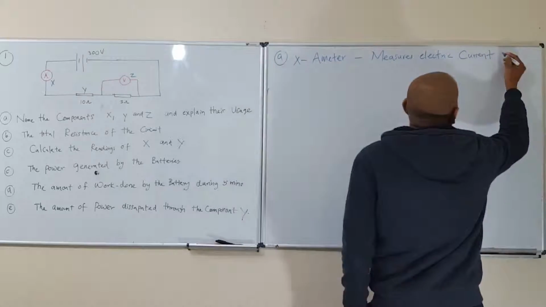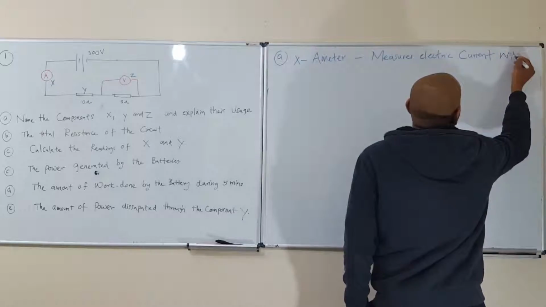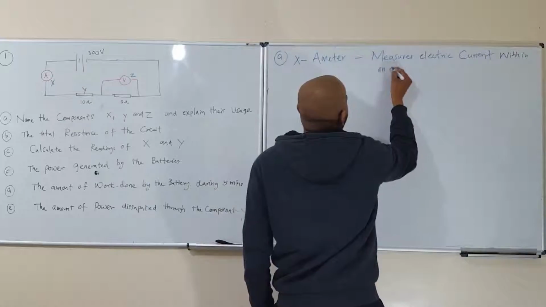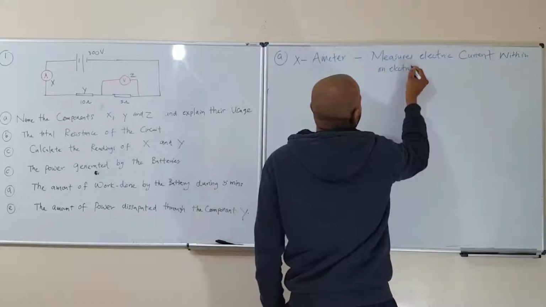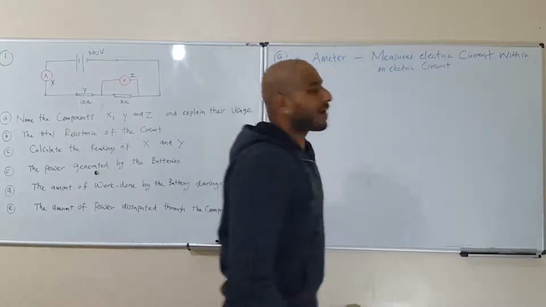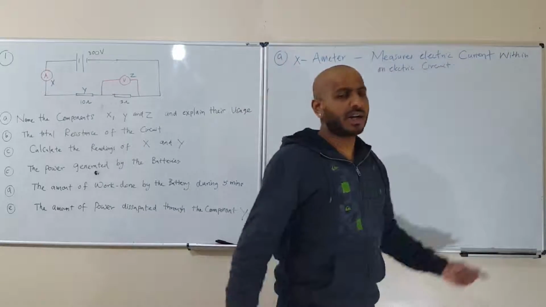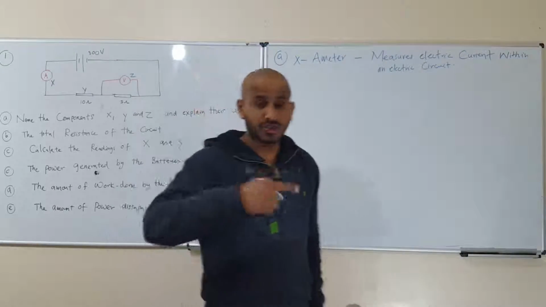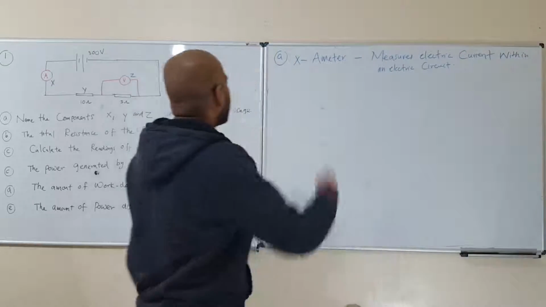Current within an electric circuit. Normally you can just write measures electric current, that's fine, but I've written for completion measures electric current within a circuit, actually a circuit loop, but that's fine.